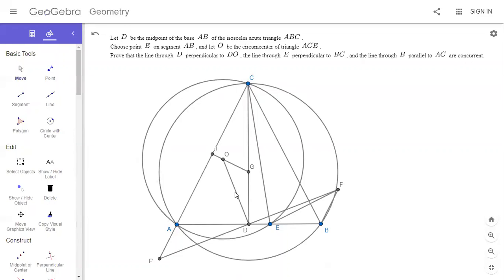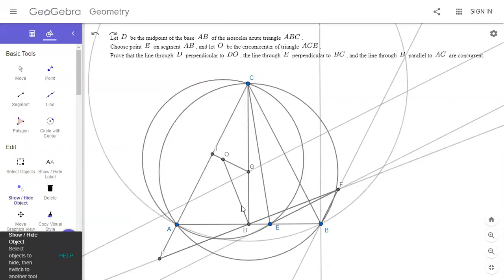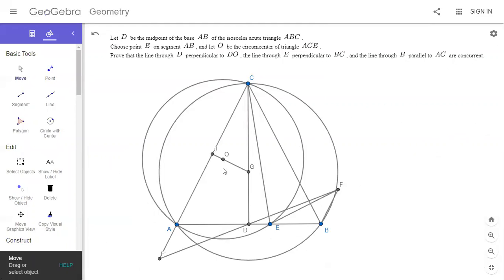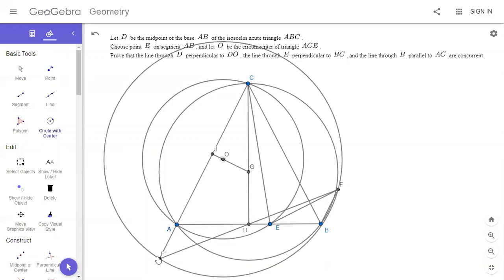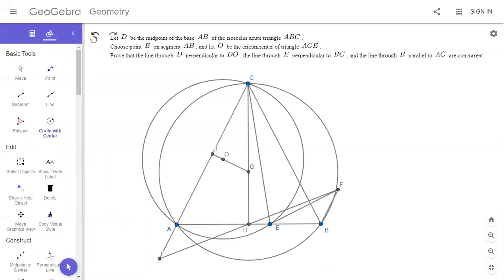Let me hide this. Okay, so we want to show OD is perpendicular. What if we had the circle? We'd want to show D is the midpoint of that chord. Maybe we could use the butterfly theorem? I don't know.